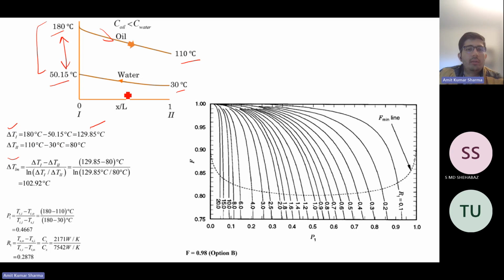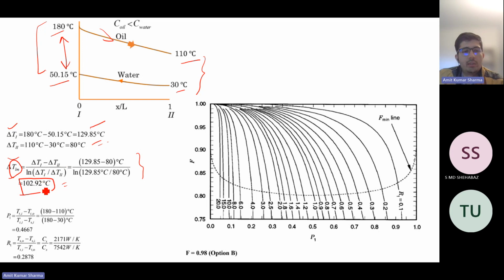Delta T2 will be this one, so it will be 110 minus 30. It will be 80. So calculate the log mean, the LMTD. So it will be delta T1 minus delta T2 upon ln delta T1 upon delta T2. If you put all the data, it will come like this, 102.92 degree.